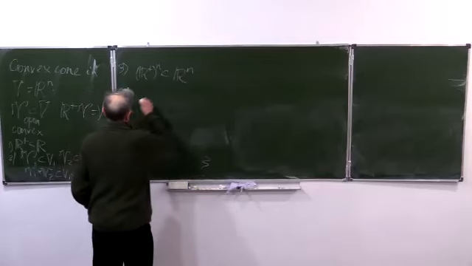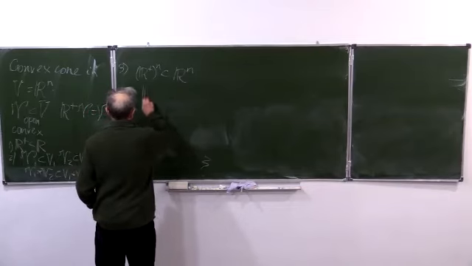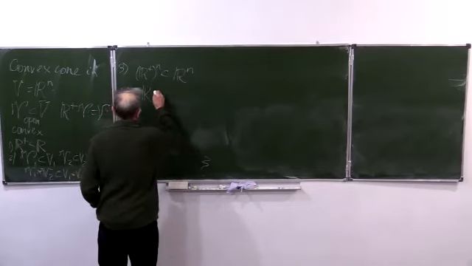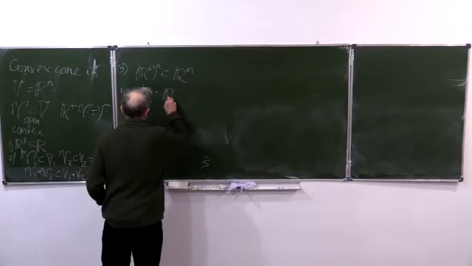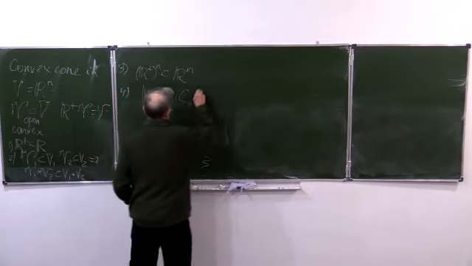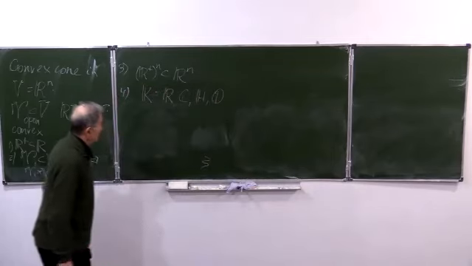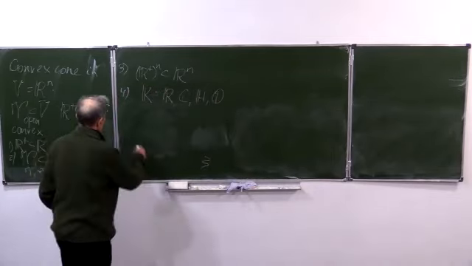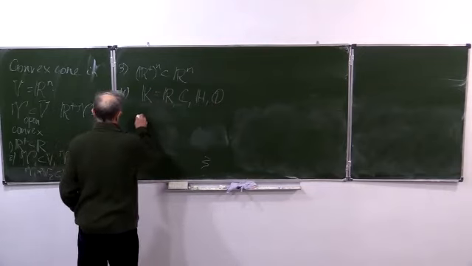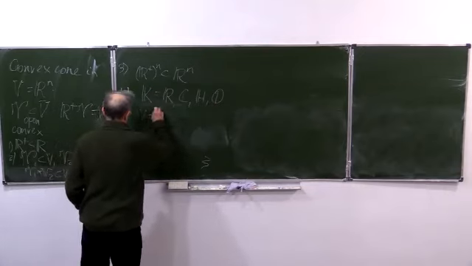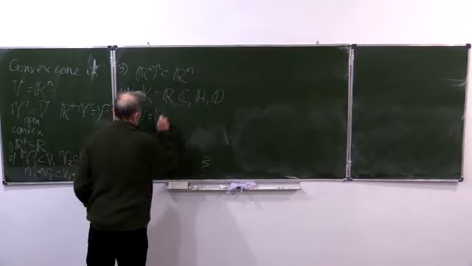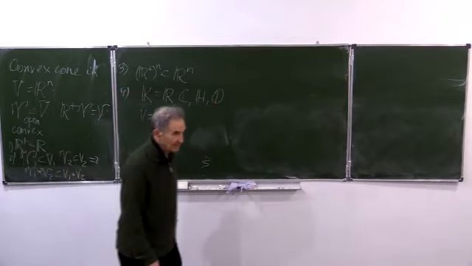Assume that K is a division algebra, that is R, C, H, O. Maybe I don't understand something.